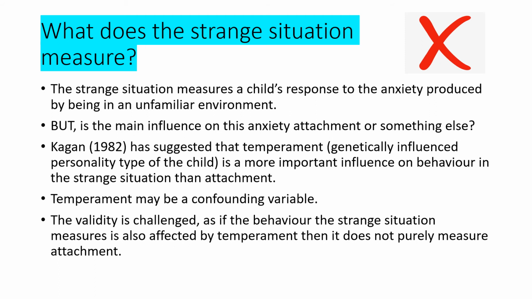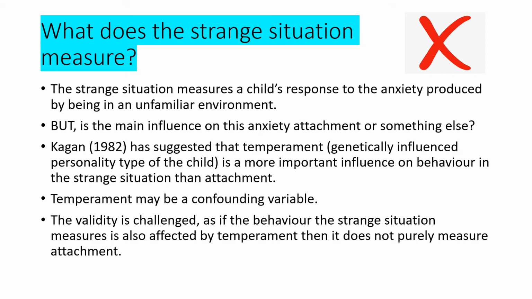But in terms of this, we're interested in what is being measured, because Ainsworth put forward the idea that this is measuring attachment type, and the strange situation measures a child's response to the anxiety produced by being in an unfamiliar adult environment. But is the main influence of the anxiety attachment, or is it something else? The way that we're responding to the anxiety, is it because of the infant's attachment, or is it because of their temperament? And that's where we're a bit muddled.